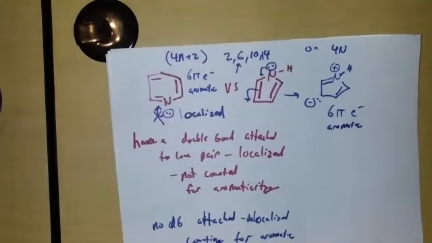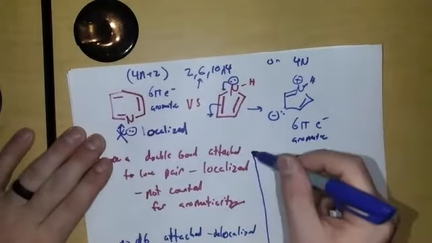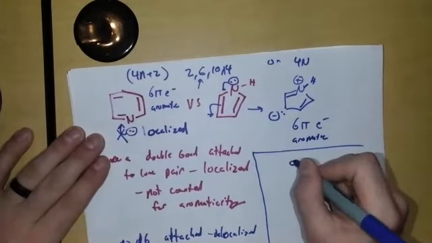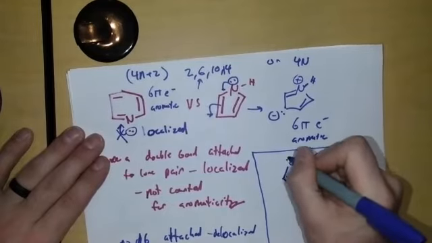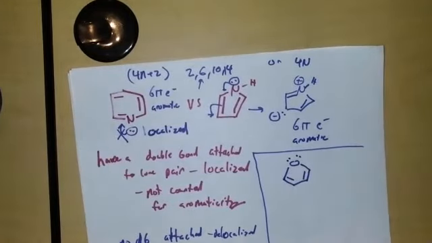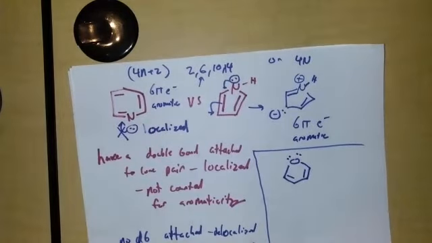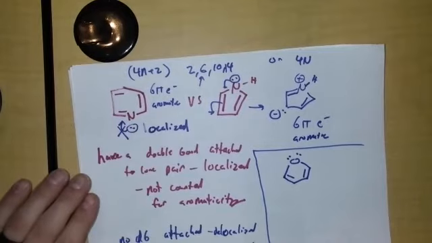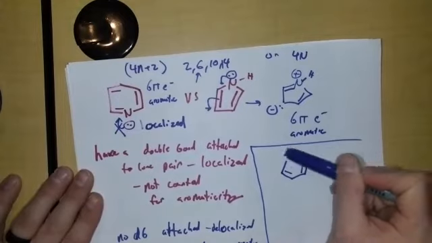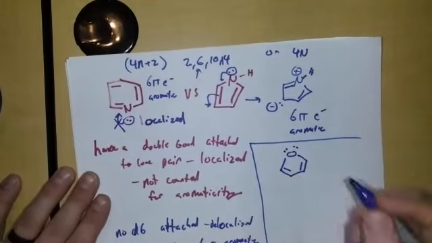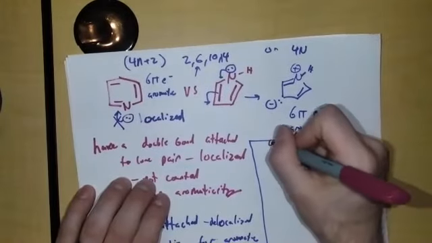Oxygen is kind of the ideal candidate for explaining this because it can do both of those concepts. There are 2 different sets of lone pairs on an oxygen. If we have this furan system, one of them is going to be localized and one of them is going to be delocalized. Currently there are no double bonds attached to this oxygen, which means one of these lone pairs can be delocalized.